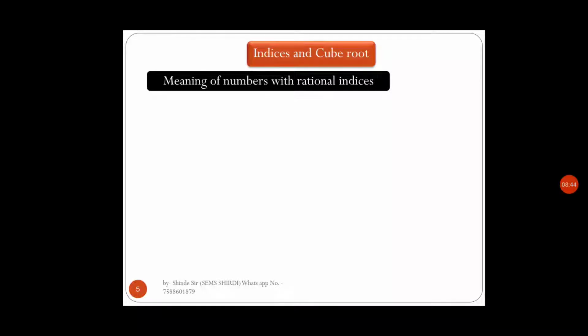Now we see the next examples. For example, 225 raised to 3 by 2. Here we write it in two ways. The first way is power of the root, meaning the cube of the square root of 225.